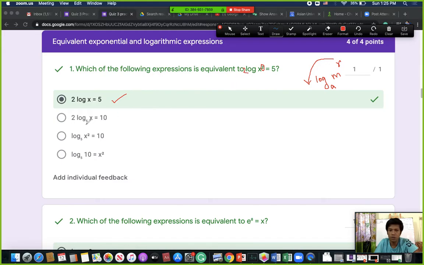Others are not possible because you cannot all of a sudden change the base. We cannot send the base there because we did not change the log. Log is still there. These are just randomly changed numbers. There are no logarithmic rules or formulas that satisfy this. Do you understand?